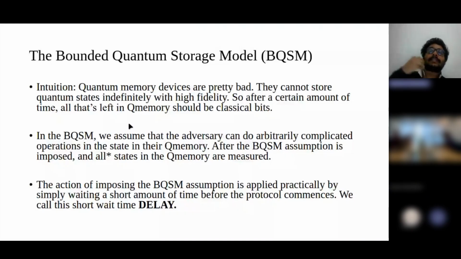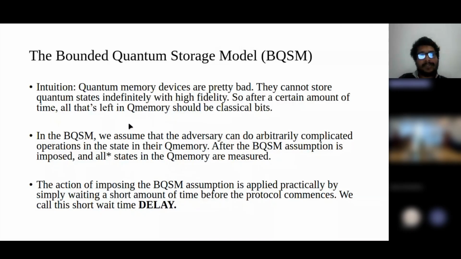For example, if you were storing one half of an EPR pair in your memory, and somebody else was storing the other half, after, let's say, 5 minutes, some massive amount of degradation will happen, and nature will come in and measure the half of the EPR pair that you have in the computational basis. After that, when you try to probe that state, you will see that it's not quantum anymore. It does not have any quantumness anymore. It has basically become something classical.